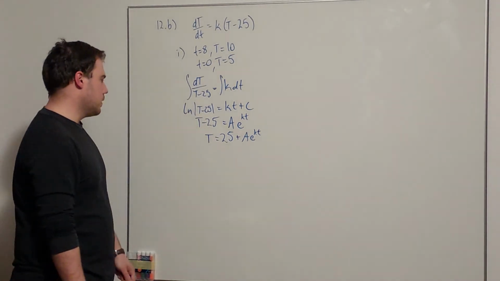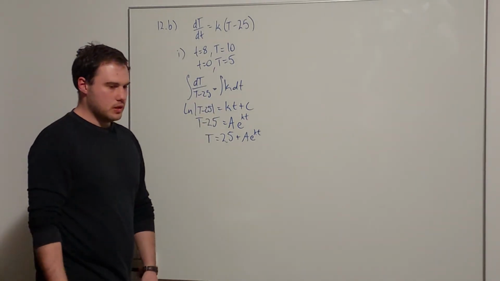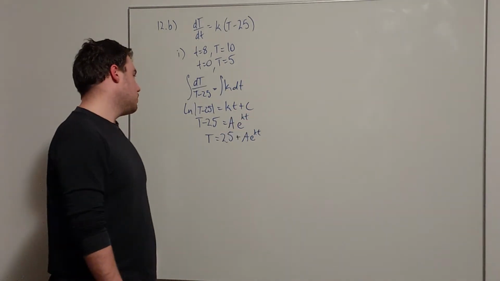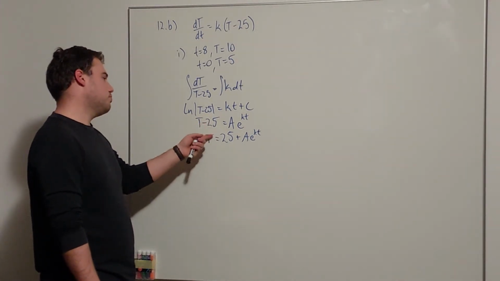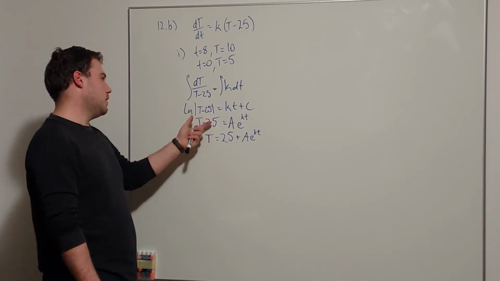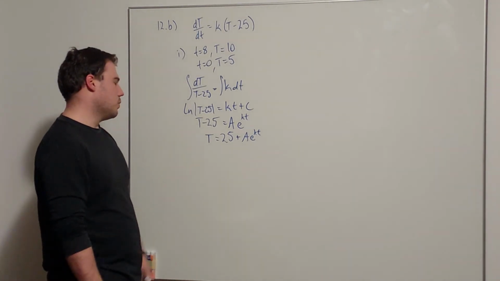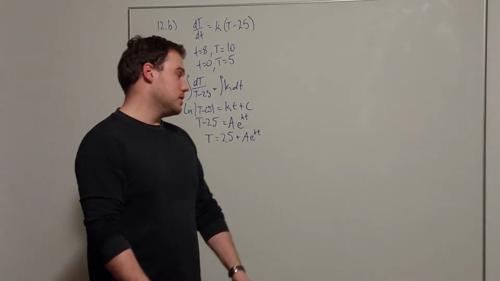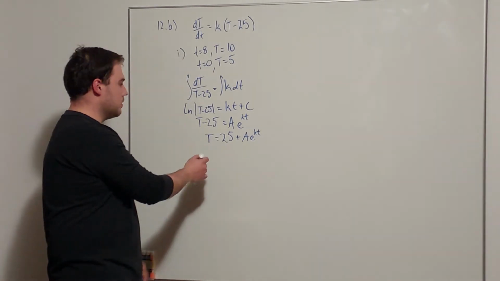we can remove the absolute value because the temperature is 5 and it's, no, can we remove it? We could sub in the initial condition here with absolute value, but normally with differential equations, because of the context, we'll end up being fine ignoring the absolute values. I'll come back to that in a bit.